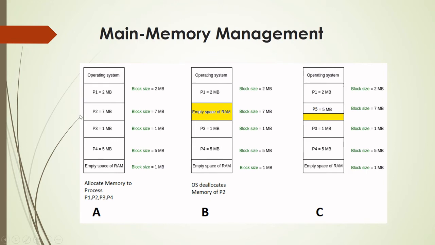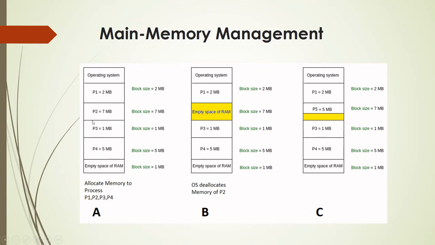For example, initially when P1 is loaded and the operating system is loaded and a new process P2 comes in, it should be ensured that P2 is not copied in this particular section or in this particular section. So that overlapping must not be there.